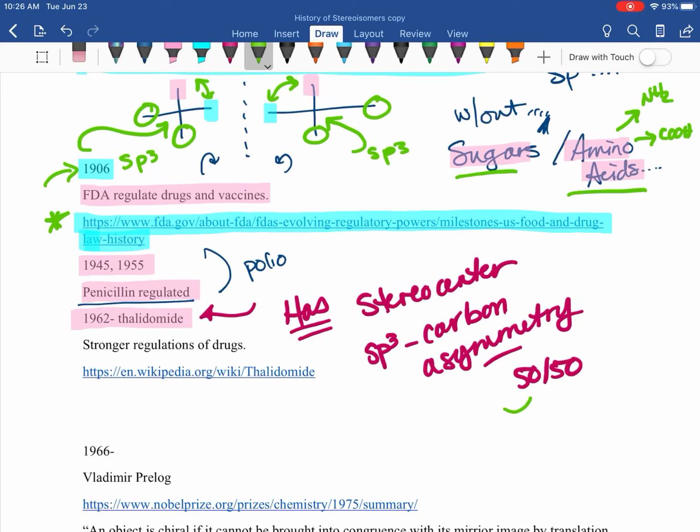In an awful lot of these situations, one of them has a particular bioactivity. The other one might be different. So starting in the 60s, this was a hard lesson to learn. What happened with thalidomide is that one of those 3D structures, this is where we're headed, one of those crystals, if you were to crystallize it, actually prevented nausea in pregnant women and was used as, I think, a sleep aid.